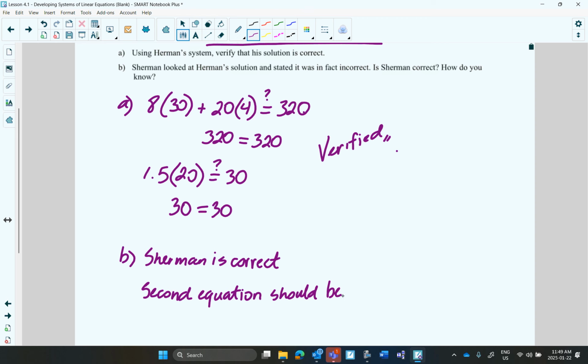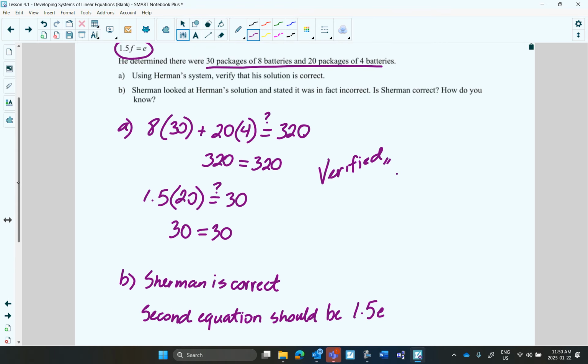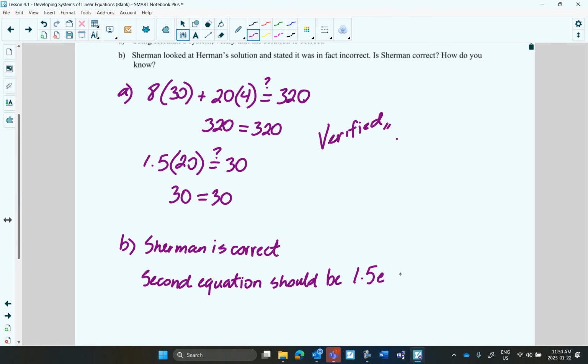It should be 1.5 times E equals F. This makes more sense because we have to multiply the E's to get up to the number of 4s because there's more 4s. Okay. That's it.